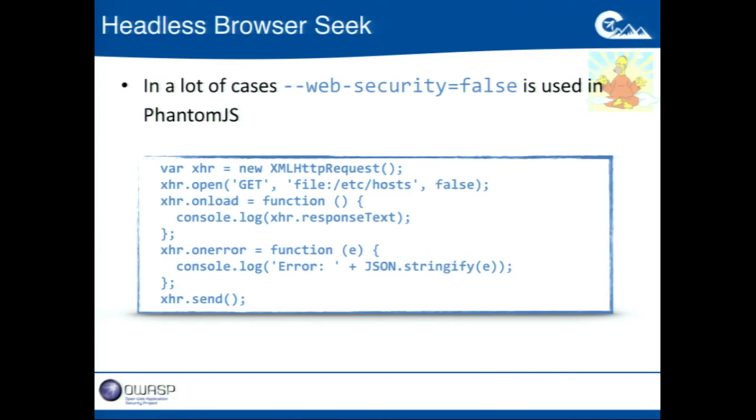It's quite dangerous because reading the file you want to access would be as easy as something like this. With the origin policy off, you will be able to read the file using XMLHttpRequest.